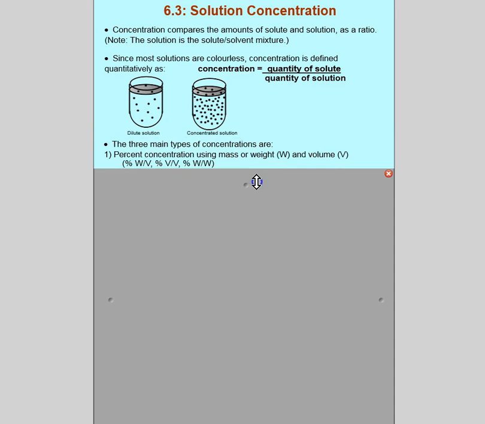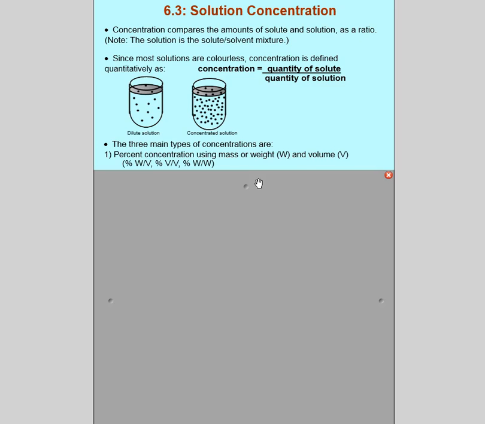And when we get into the types of concentration, I would say maybe the most common type of concentration that you would encounter if you start to look at household cleaners or solutions found in the home, percent concentration is commonly used. There are three sort of subtypes of percent concentration.